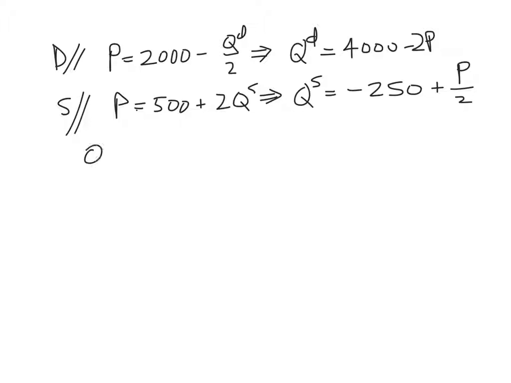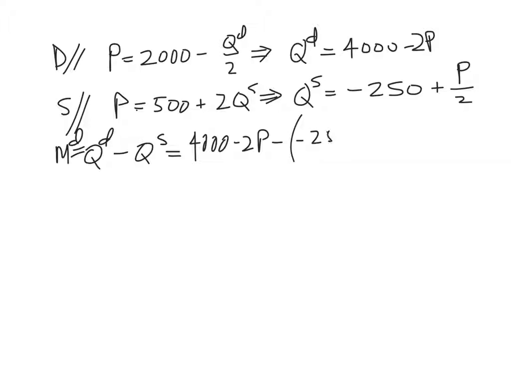And so when you subtract the quantity supplied from the quantity demanded to get the import demand, that gets you to 4,000 minus 2P minus parentheses negative 250 plus P over 2. Now, watch out here. What students tend to do is make sign errors, so make sure you distribute this negative sign carefully and correctly.